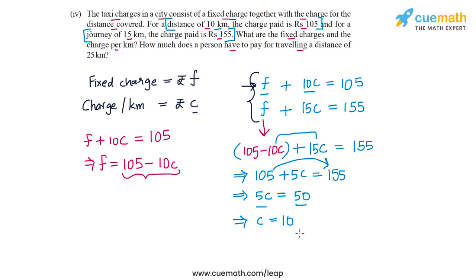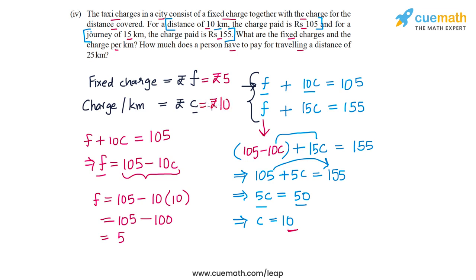And from C equal to 10, I can now find the value of F. So F will be equal to 105 minus 10C, or 10 into 10. So this is 105 minus 100, which is equal to 5. So F is equal to 5 and C is equal to 10. The fixed charge is equal to rupees 5 and the charge per kilometer is equal to rupees 10.